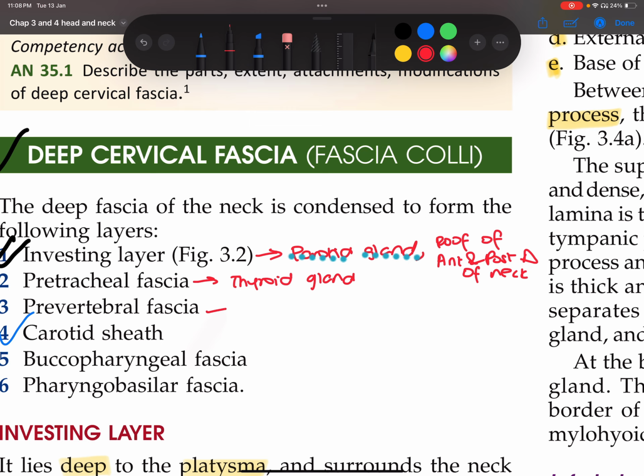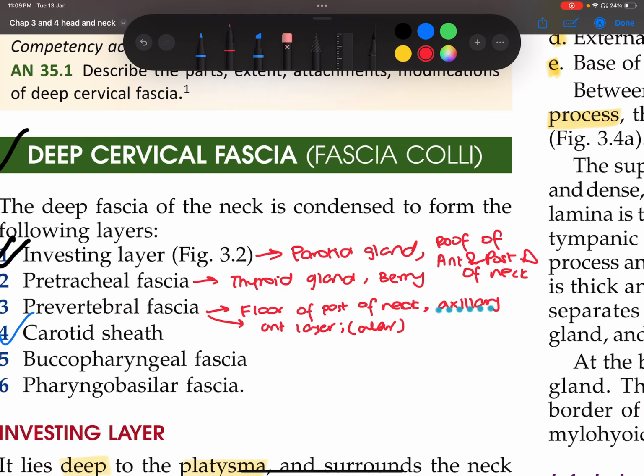Let me just jot all of that down. Floor of the posterior triangle of the neck. Other than that, it's important for you to know that the pretracheal fascia forms the ligament of Berry and the prevertebral fascia forms the axillary sheath or axillary ligament. And also its anterior layer is known as the alar layer.